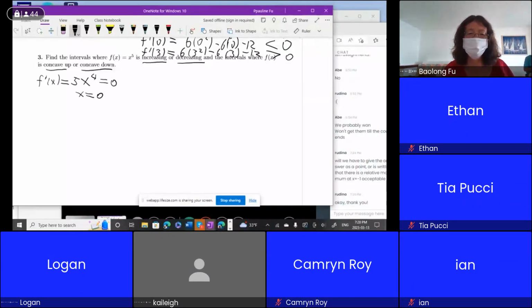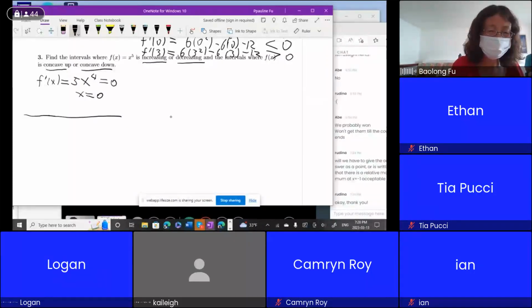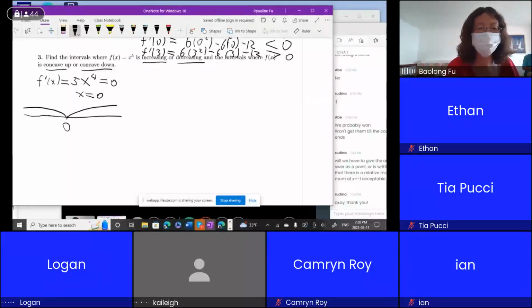Obviously, this is quite easy. Once you have this x, this is a critical number. This critical number divides the real number line into 2 parts. One interval is here, another interval is here.